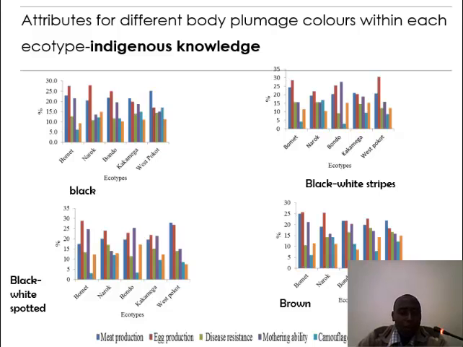In terms of black color, the black body plumage chicken, in Bomet, Narok, and Bondo, they prefer the black color for egg production. But for West Pokot and Kakamega, they prefer the black color for meat production. So already that's a variation. That was the same case for all different body plumage chicken in the studied regions.